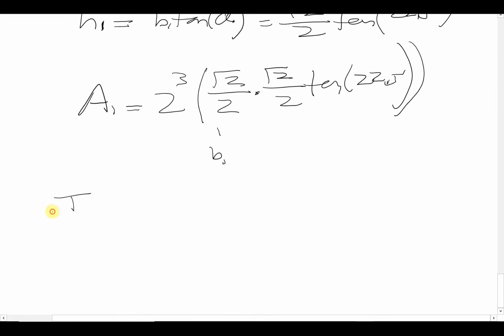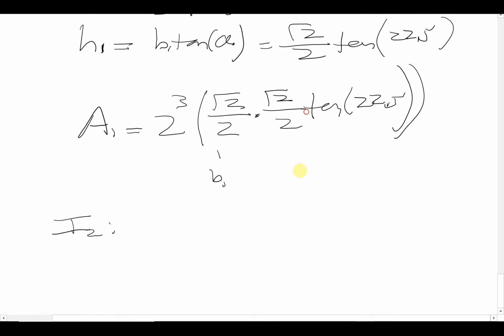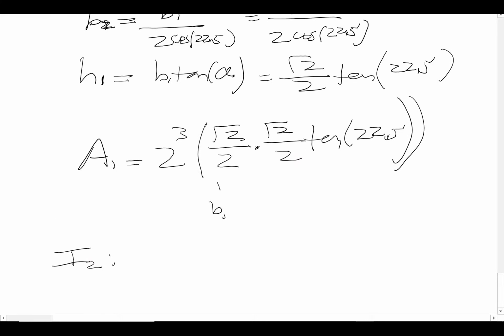So if we do iteration 2, we already know B2. Essentially, we can solve for B3, and this is just going to be 22.5 over 2. So we're plugging in already.